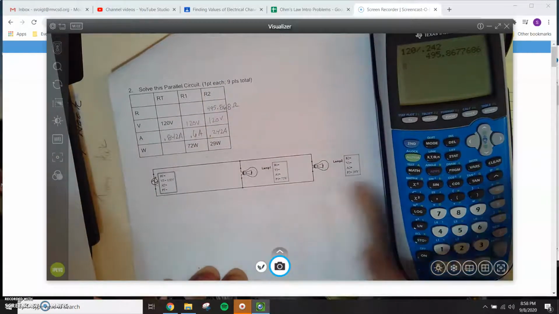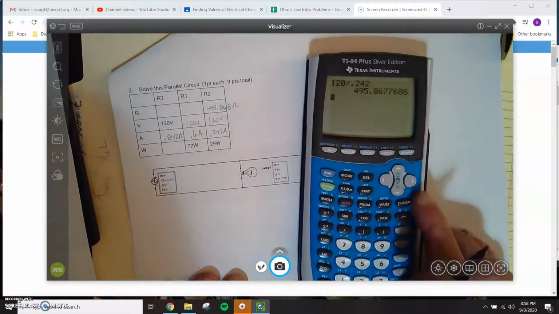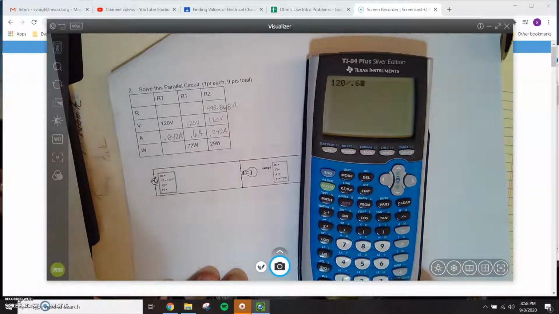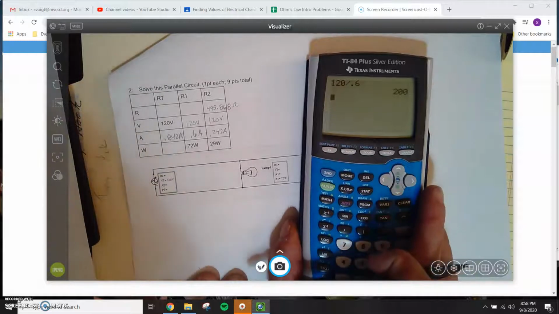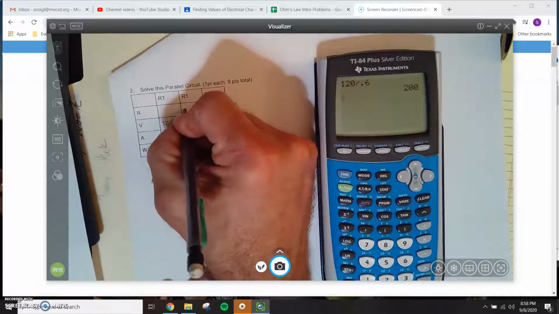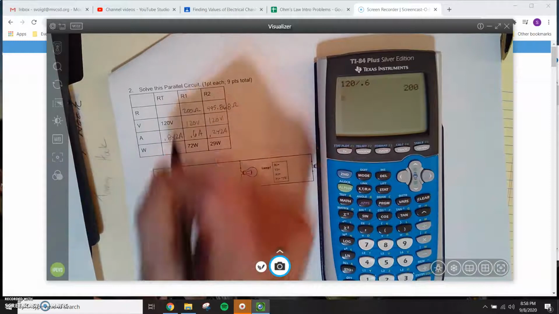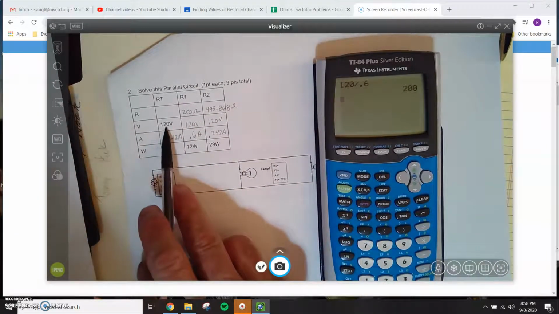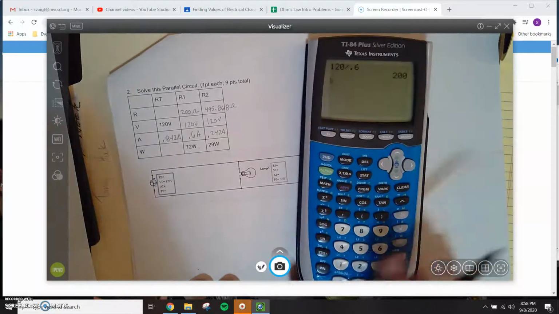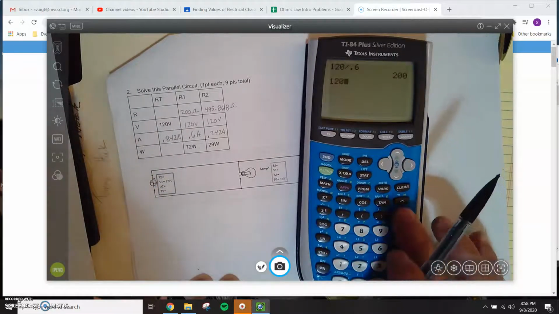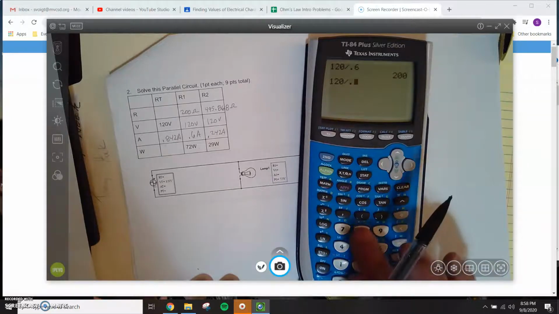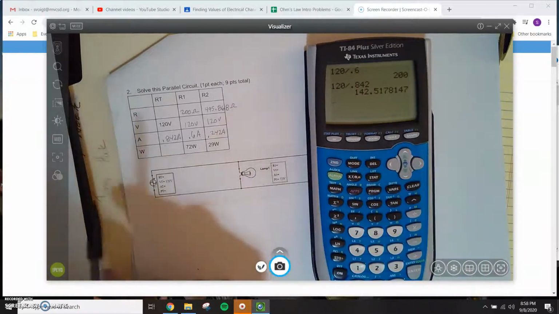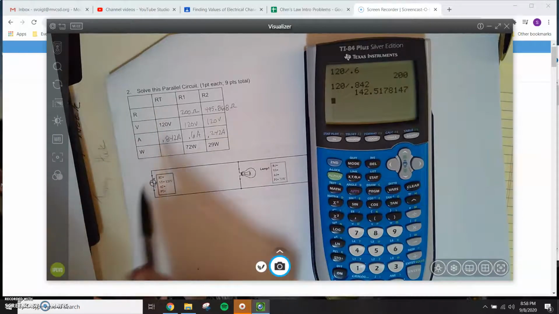Okay, do the other one. 120 divided by 0.6, and we get 200. All right, we can do the same thing over here, right? 120 divided by our total, 0.842, and we get 142.518 ohms.